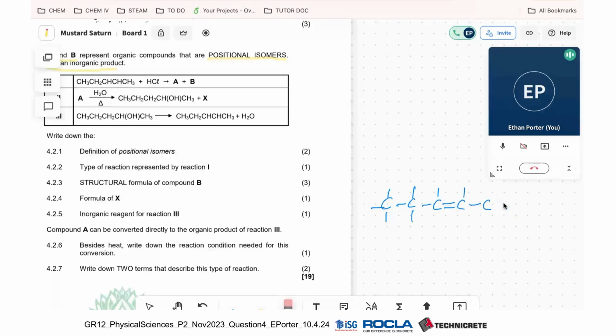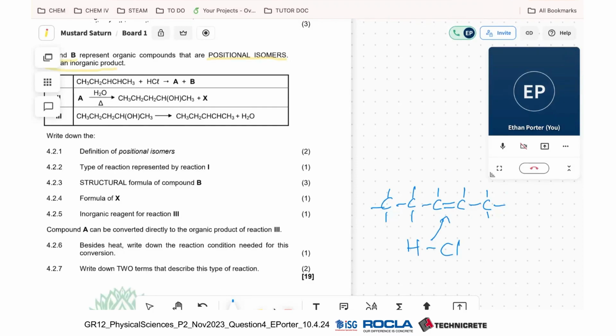Or just to be consistent, I'll draw in the sticks that represent hydrogen. And then we have HCl. And what we know is that HCl is adding across this double bond.